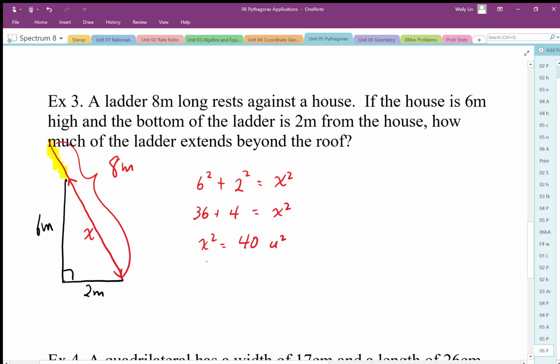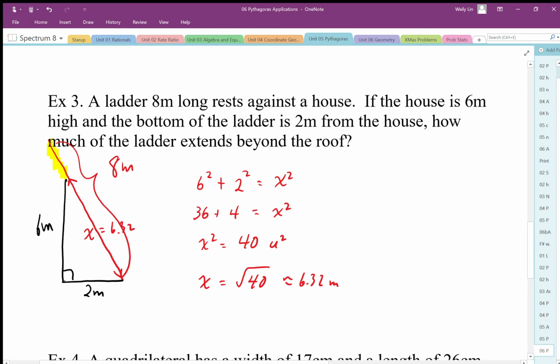If I want to find the length of x, I take the area, I square root, and I'm going to get the side length by doing that. So there's my side length, it's square root 40. So if I do 40 and square root that, I get approximately 6.32 meters.